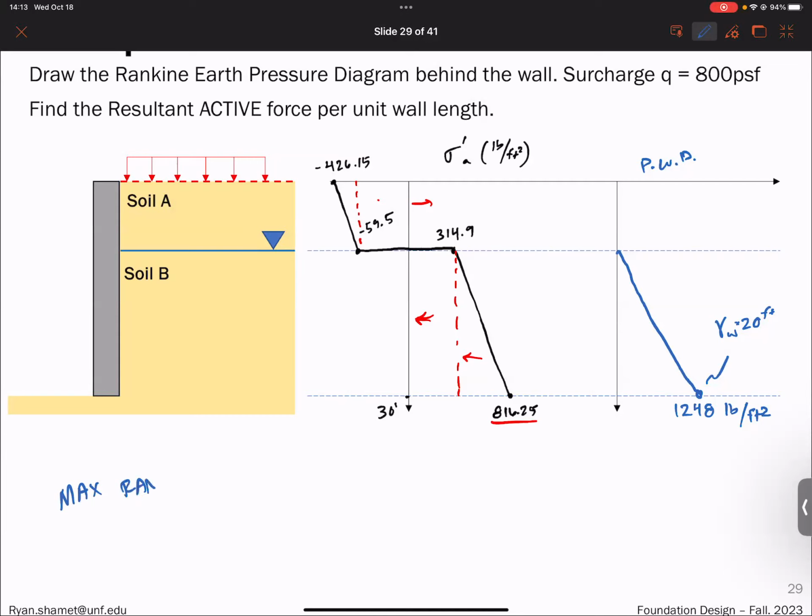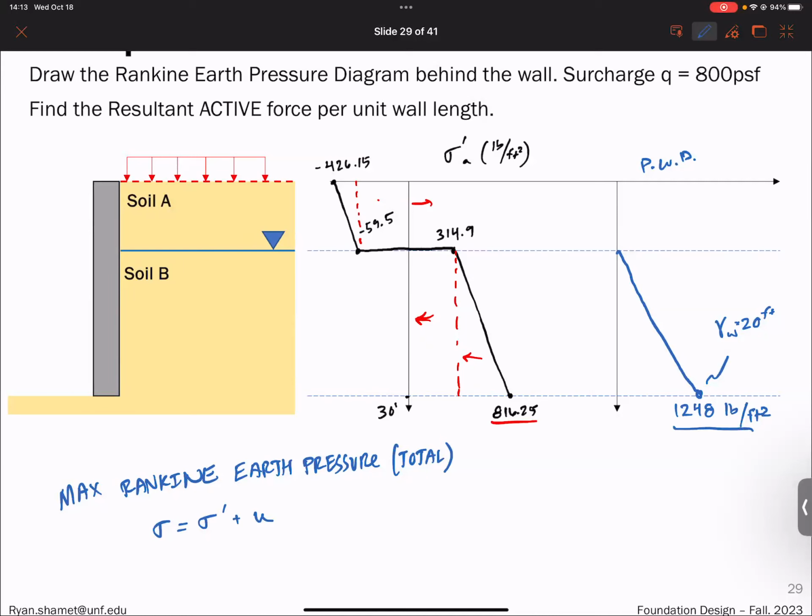So actually what might be important is that max Rankine stress, but in terms of total stress, which, remember, is equal to effective stress plus our pore water pressure.